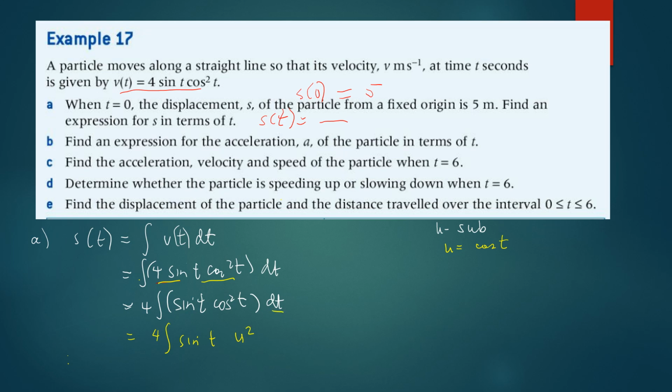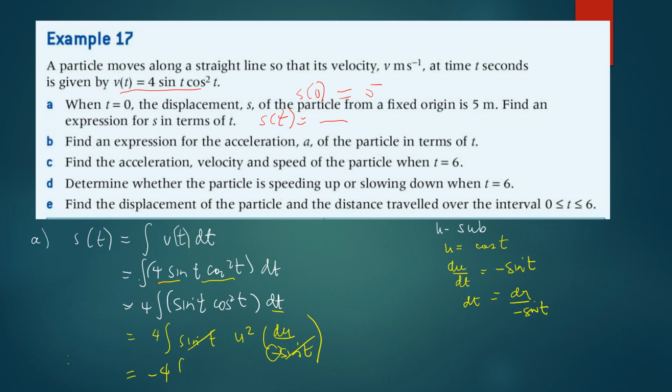So what is dt? Again, the derivative of u in terms of t is negative sine t. So our dt equals du over negative sine t. So we can write here du over negative sine t. So this cancels out. So we have a negative sign which we can factor out.